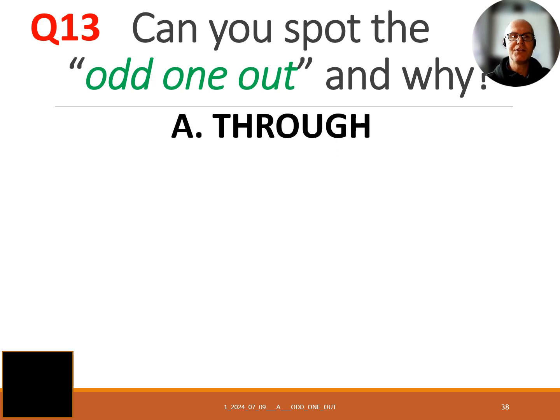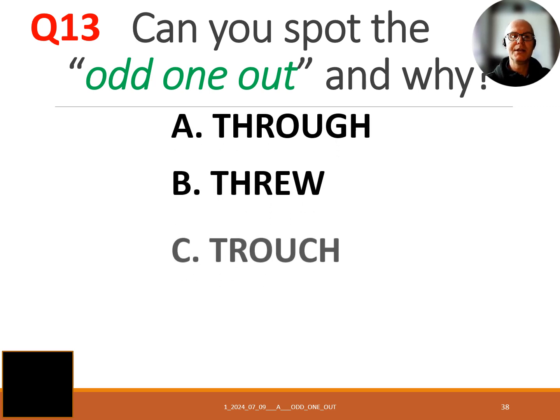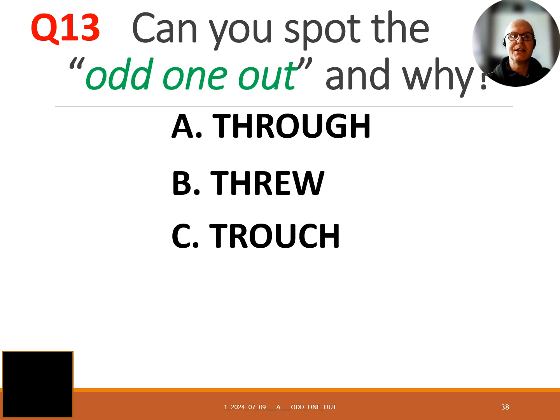Question 13. A, through, B, threw, C, trough, and D, tough. Which is the odd one out of these four similar sounding words, and why?